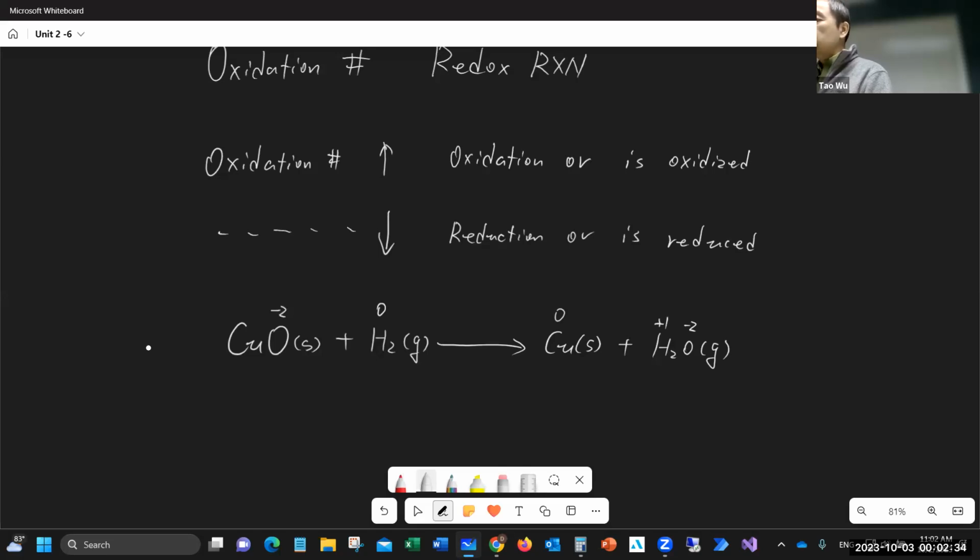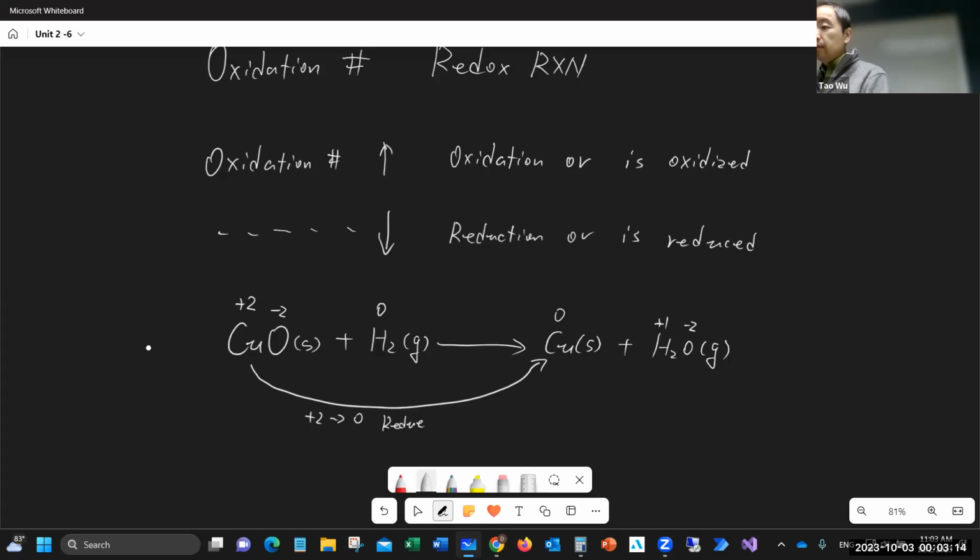Those are not peroxide, so oxygen is -2. For metals in an ionic compound, the oxidation number always equals their charge. In copper(II) oxide, the copper has a 2 positive charge, so the oxidation number is +2. Okay, and then something decreased, right? The copper decreased from +2 to 0. So this is reduced.